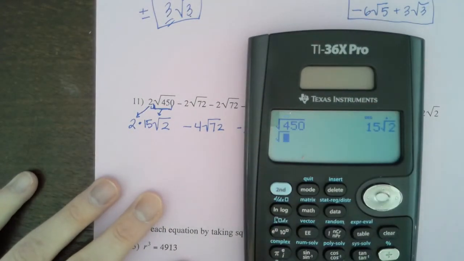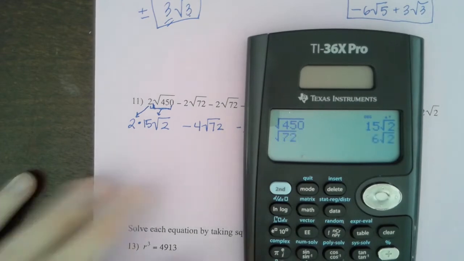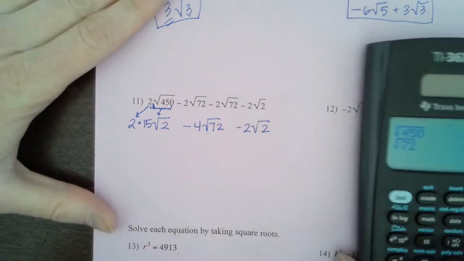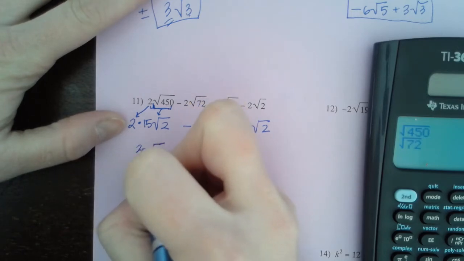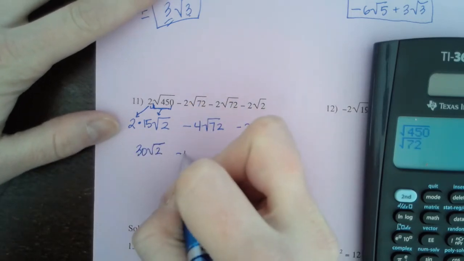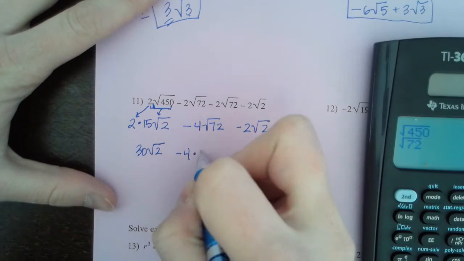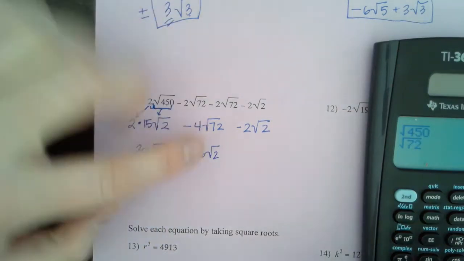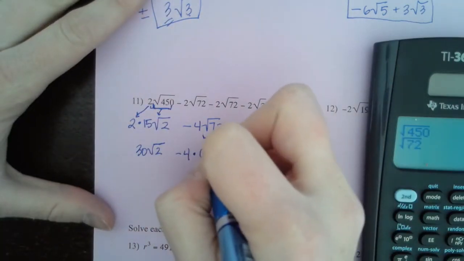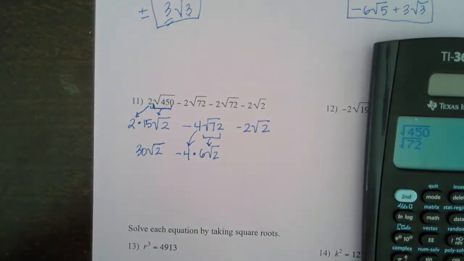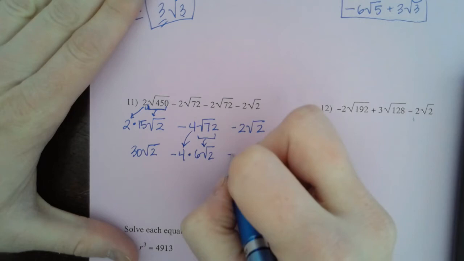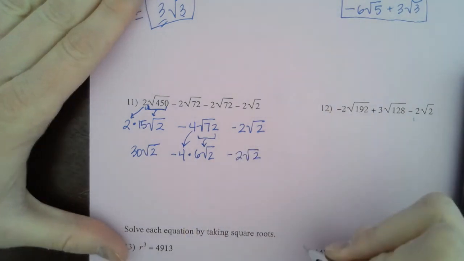So second x squared 72, and we get 6 root 2, so it does work. 2 times 15 is 30 root 2. And then this one really, remember, is 4 times 6 root 2 because that's root 72 simplifies there, and then the 4 is there. Okay? And then we have our cute little negative 2 root 2 hanging out over there.